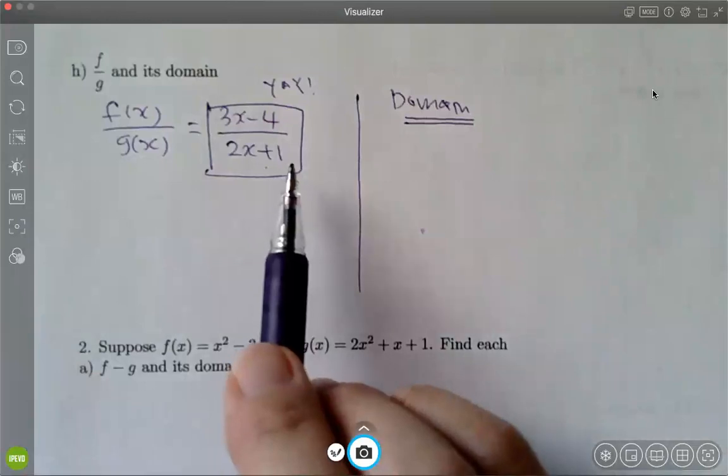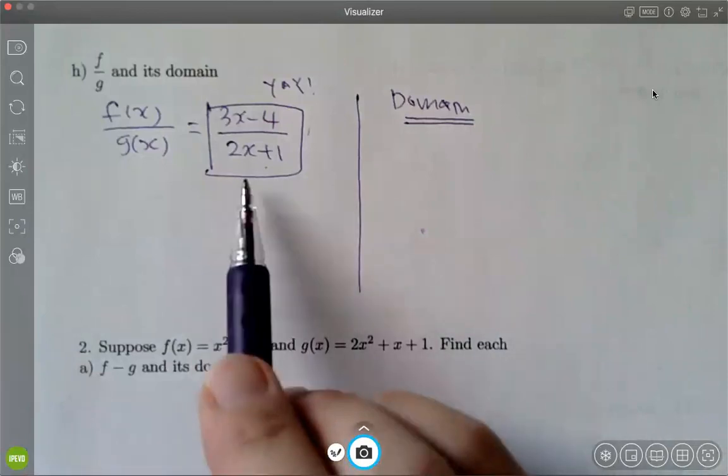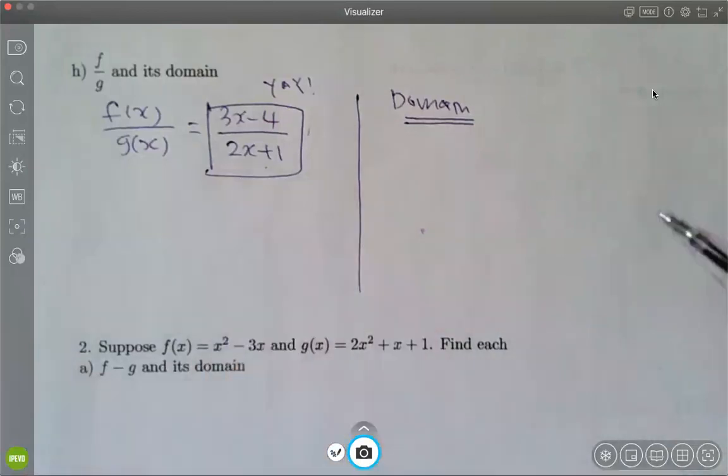So we have a fraction, so you have to ask yourself, how can a fraction go wrong? In the denominator. Okay, so what about the denominator? If the denominator is 0, then it's not good, right?